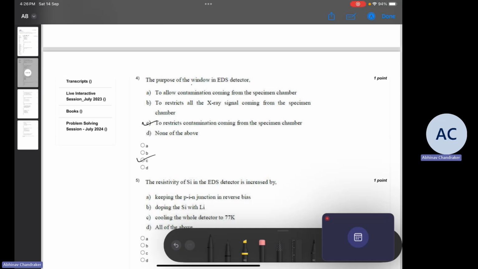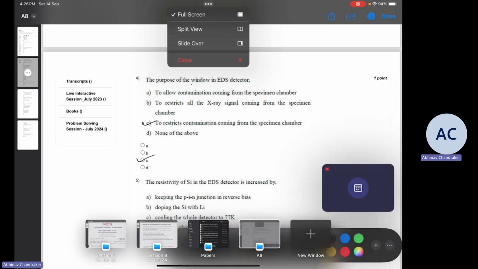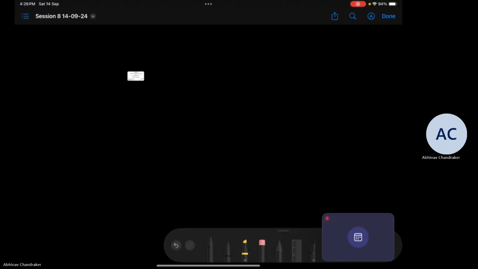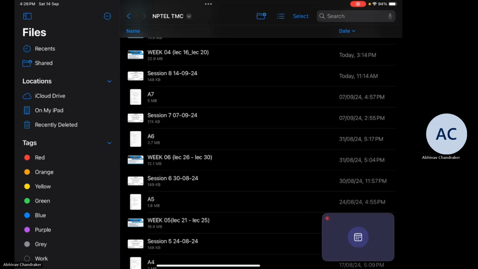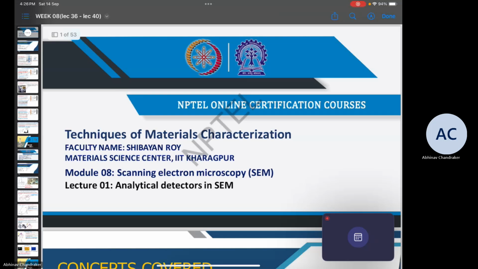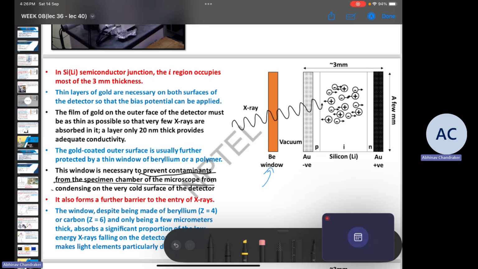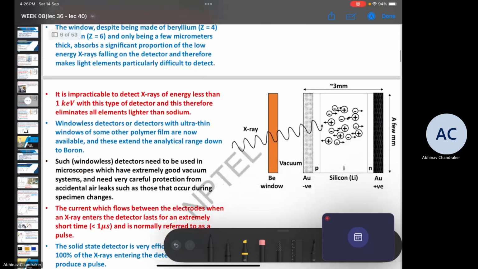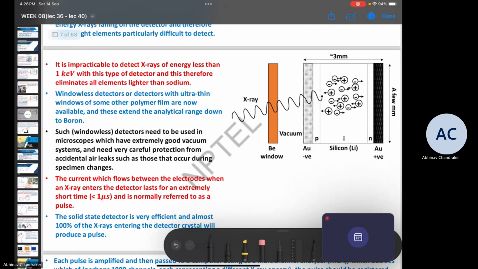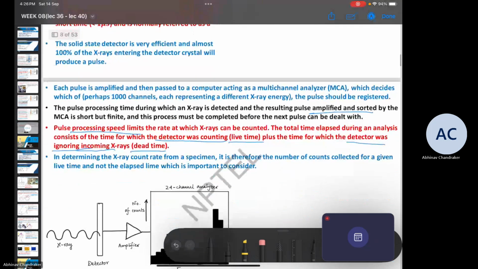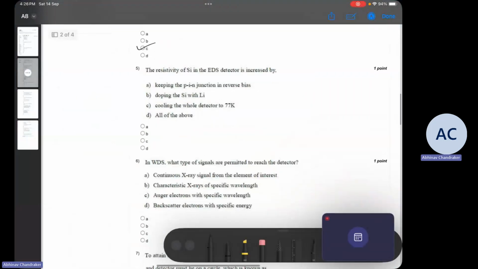Let's also just have a brief look at what was written in the lectures related to this. Here also the same reason has been cited. Okay, let's move to the next question.